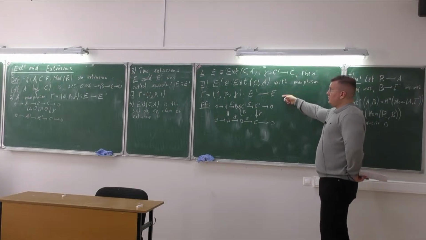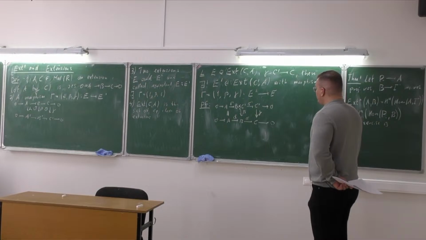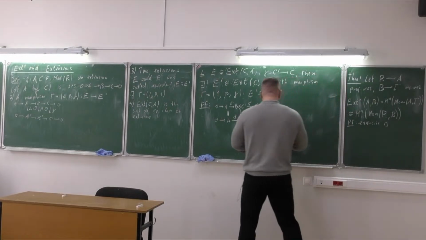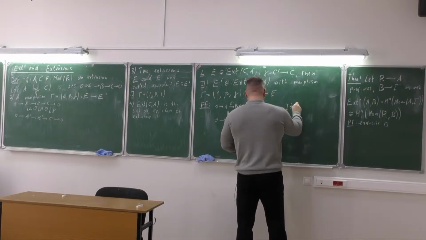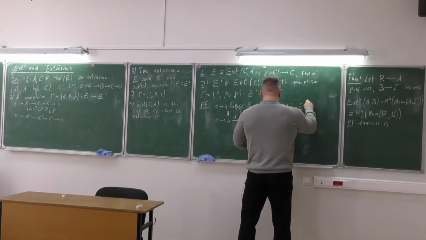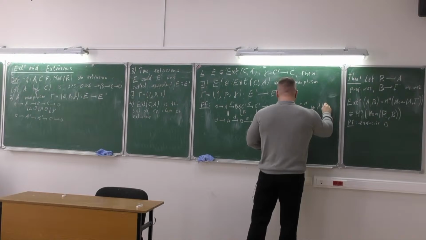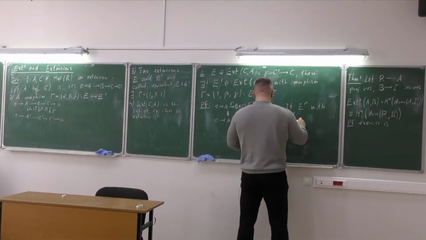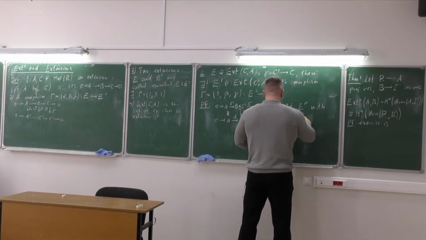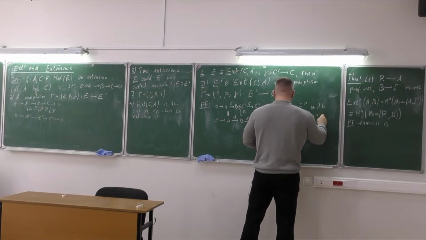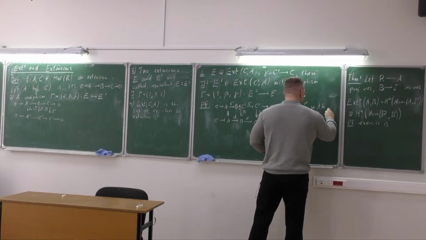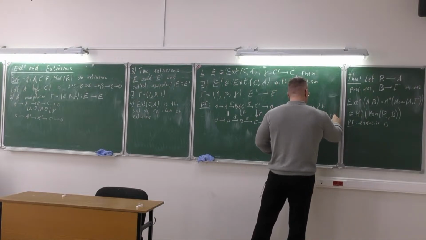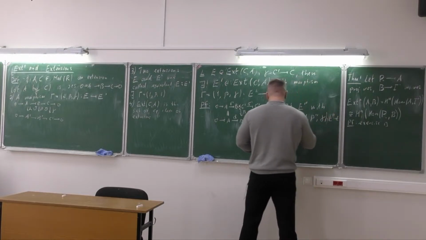And also, you can note that such an extension is unique. Well, for example, suppose you have another one, E double prime, with the map gamma double prime and some beta double prime, which is another extension. So this is say a map from the E double prime to E prime.